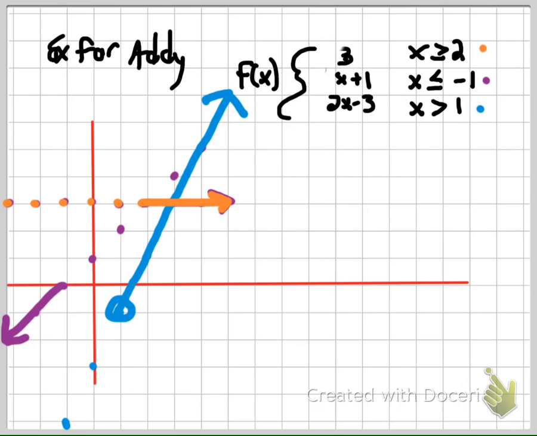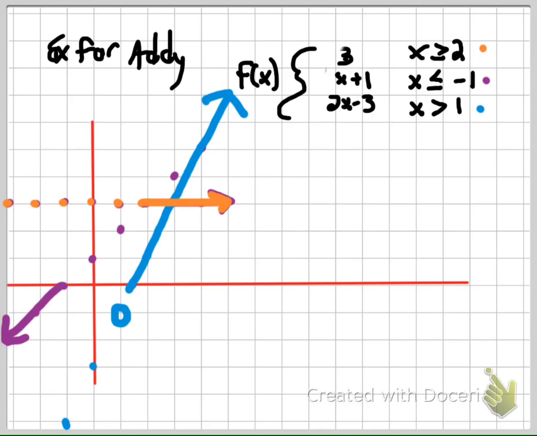Now I look at the limit. If I had more room on my graph, I'd go a little further. I'd go down 2 and over 1 from here too. I'm running out of graph space. So it says x is greater than 1, so go to 1. And here's what you have at 1. And it says x is greater. So I'm actually going to fix this. This should be an open circle right here.